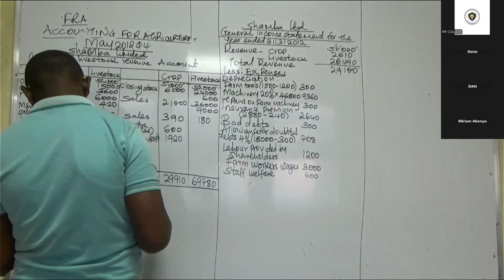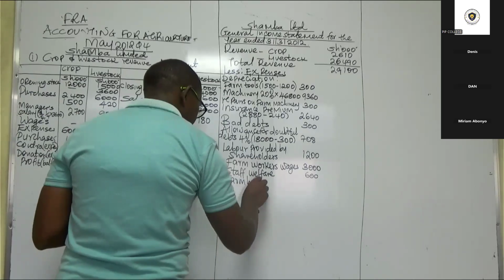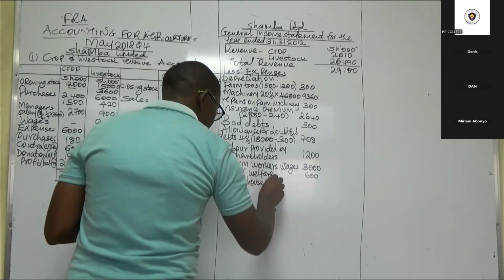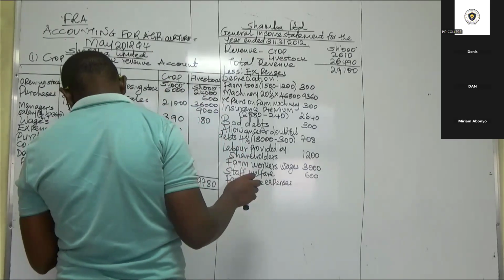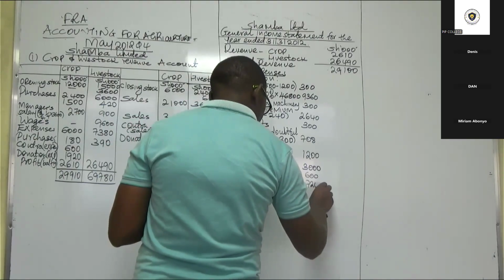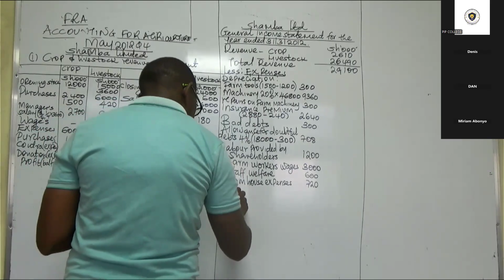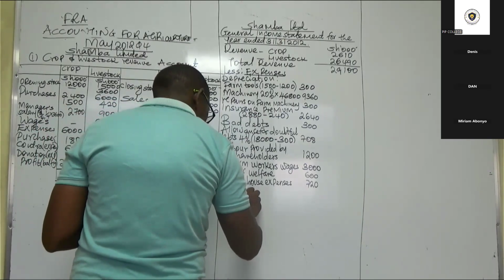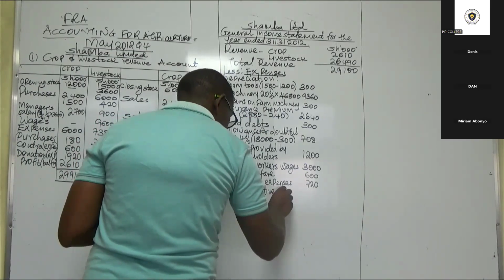The next one is farmhouse expenses. Farmhouse expenses we have is of how much? 720. We also have administrative expenses.